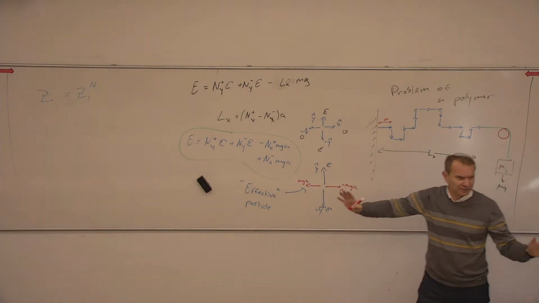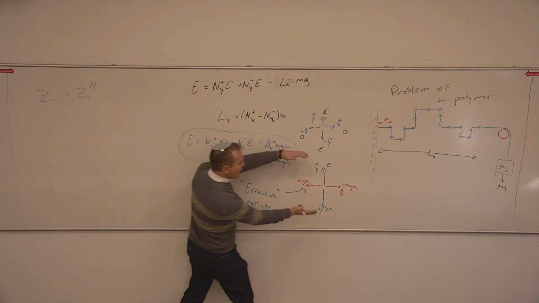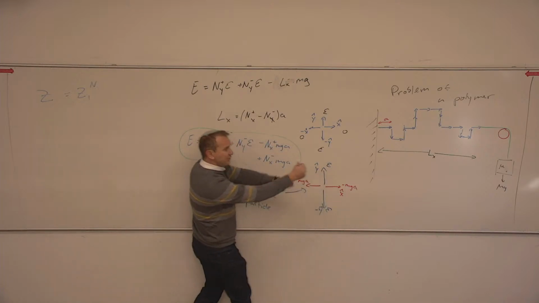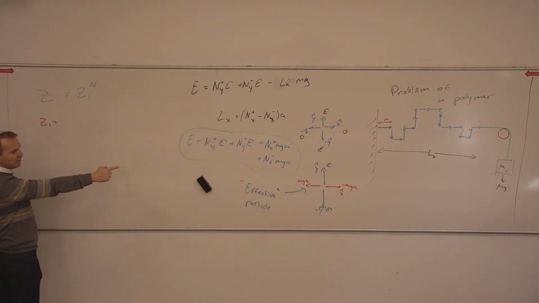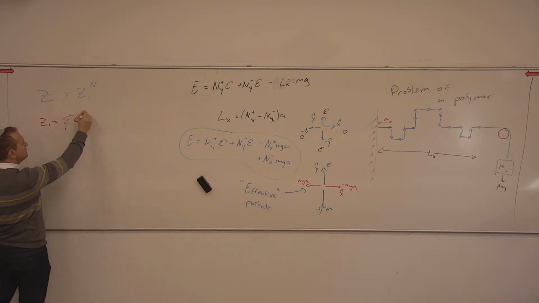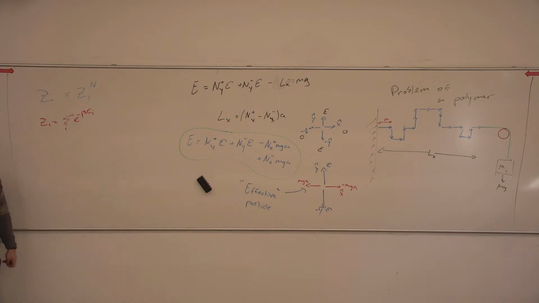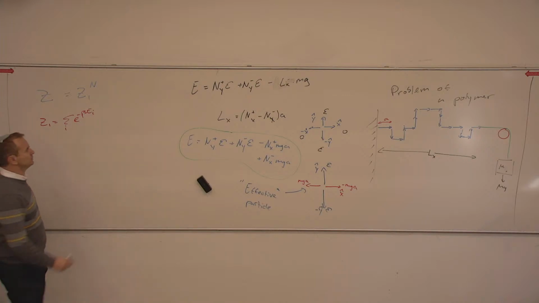There are a huge number of states. We don't care. We only care about one single particle with those effective energetic states. So what is Z1? We sum up over all the different states, so it is the sum over i of e to the minus beta e_i, where the i over here are the different energetic levels of one single effective particle.